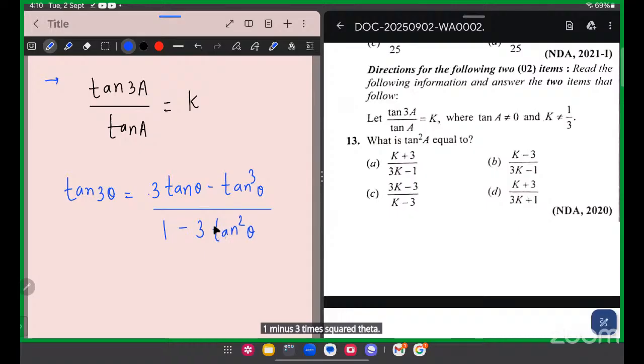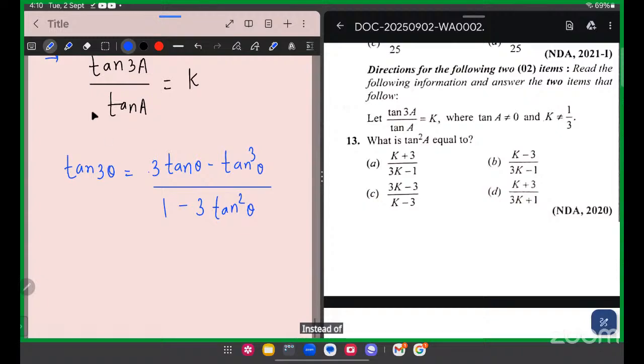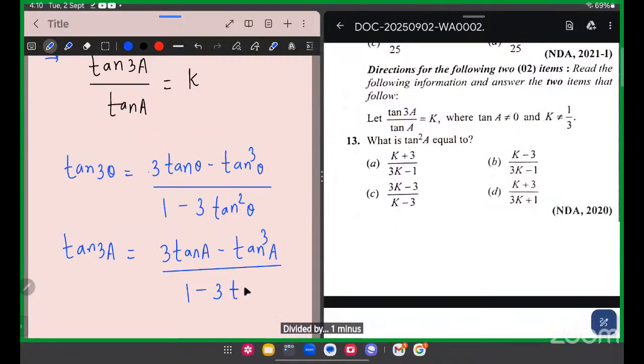Right? Now, instead of theta, can I write a here? I mean tan a. So tan 3a will be equal to 3 tan a minus tan cube a divided by 1 minus 3 tan square a, right?